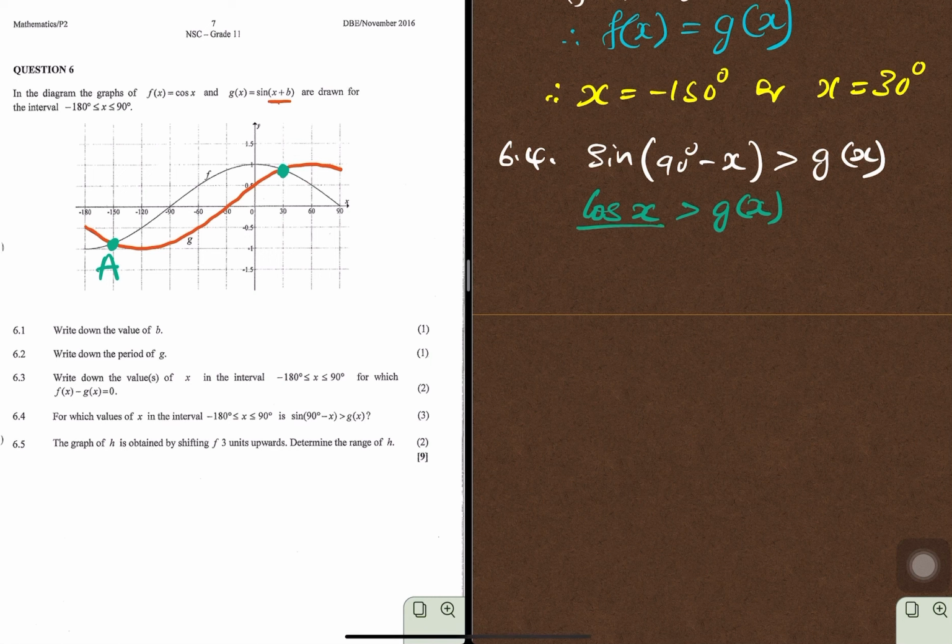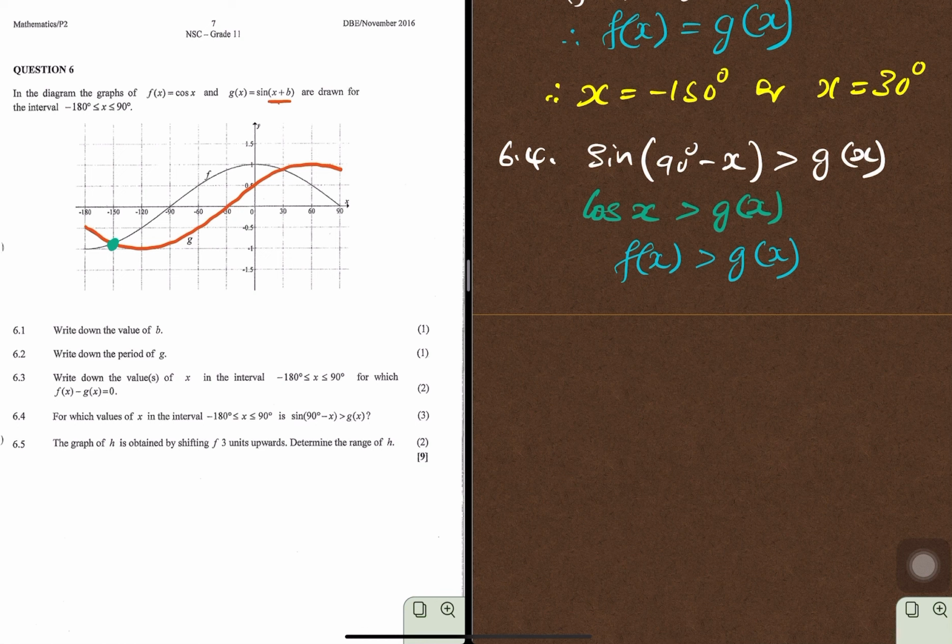So basically you are looking for the values of x for which f, because this is f from the graph, is the cos, for which f is bigger than the graph of g. Now check it on the graph for which values of x is this graph of f above g.